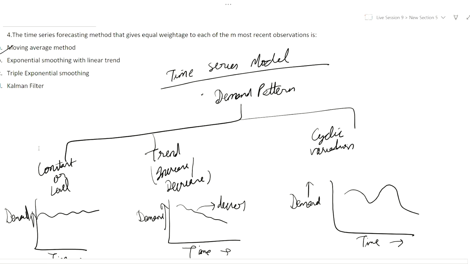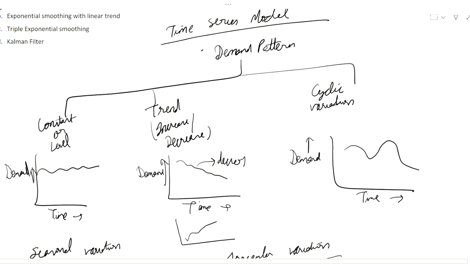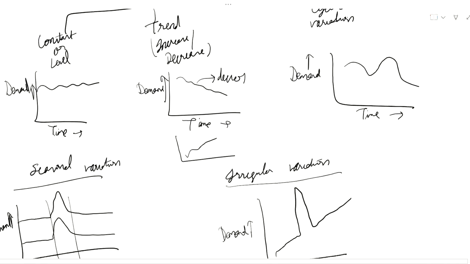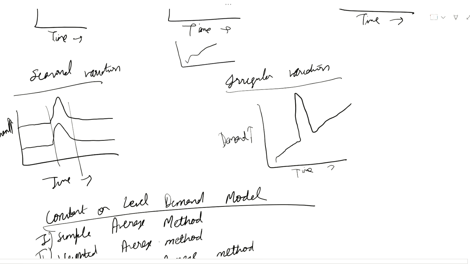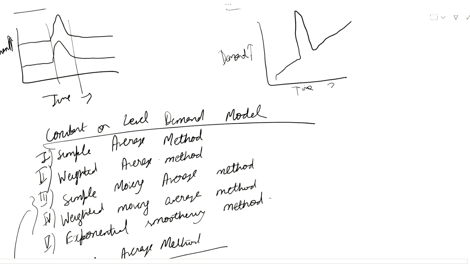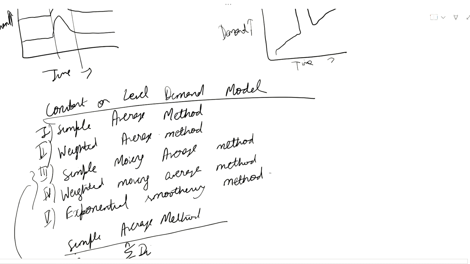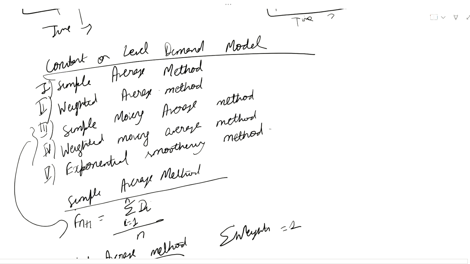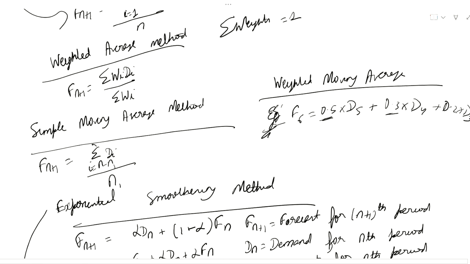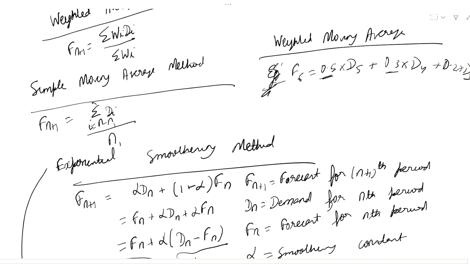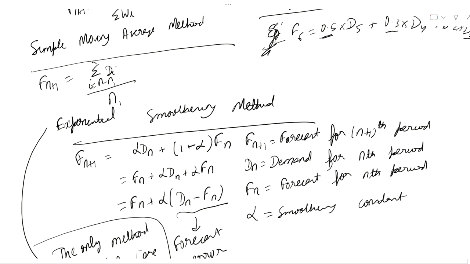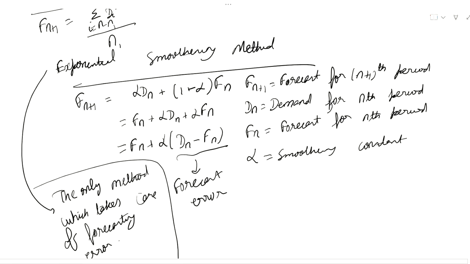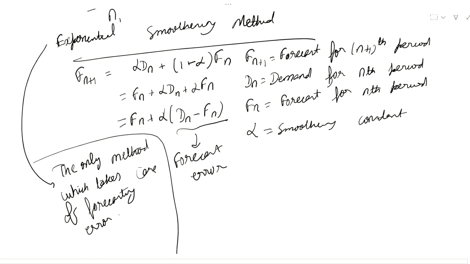The time series forecasting method consists of constant or level, trend (increase or decrease), cyclic variation, seasonal variation, and irregular variation. The constant level demand model consists of the simple average method, weighted average method, simple moving average method, weighted moving average method, and exponential smoothing method. We discussed questions on all these methods. Exponential smoothing is the only method which takes care of forecasting errors.